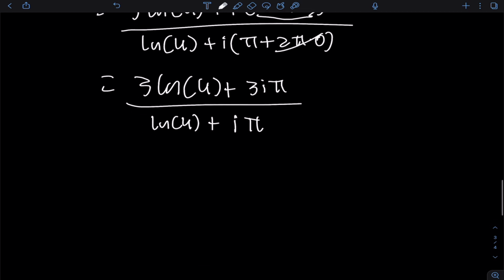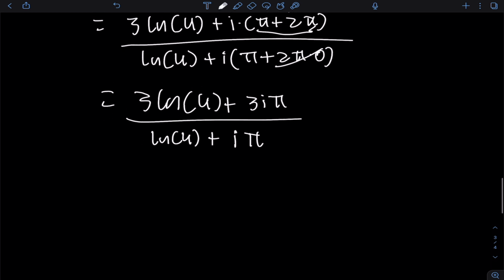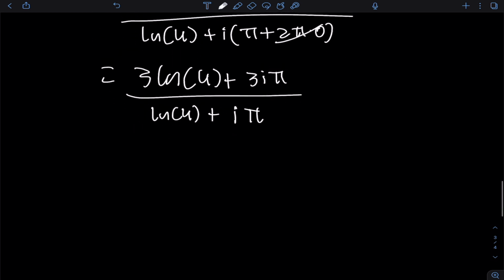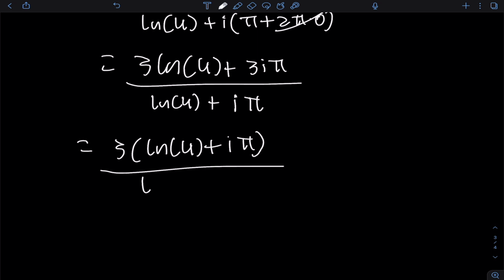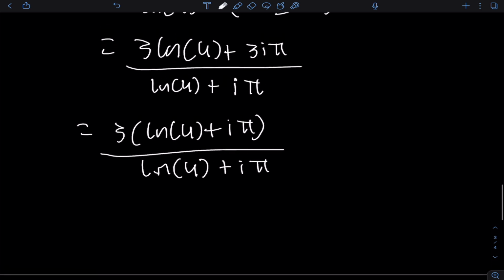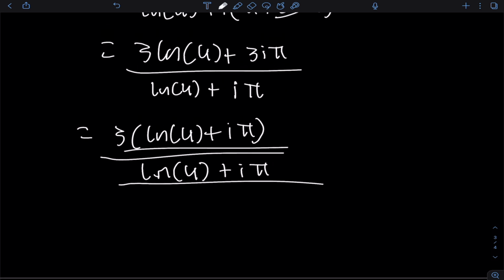Now, what we can do that is pretty cool is we can just factor out the 3, and we see that here we have 3, we have the natural log of 4 plus I pi over the natural log of 4 plus I pi. Wait a second, hold on, these are the exact same, and we can indeed safely cancel them out.